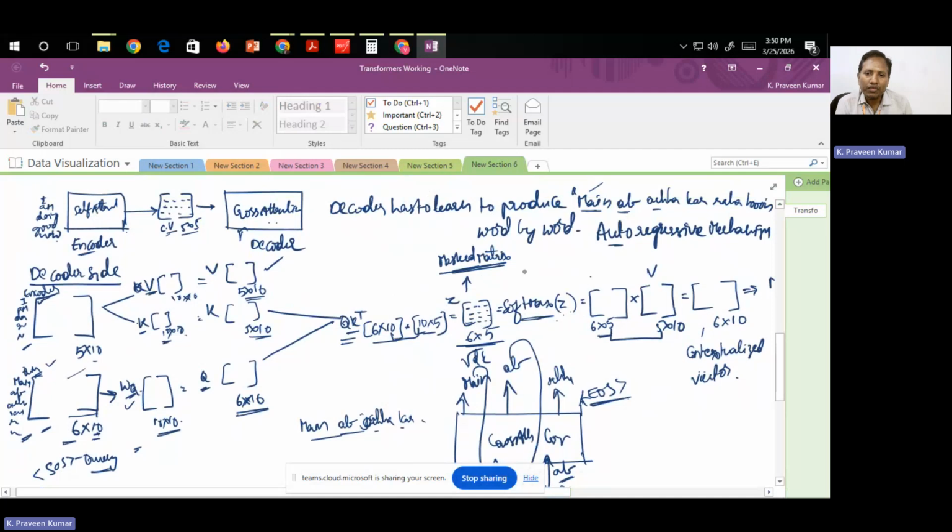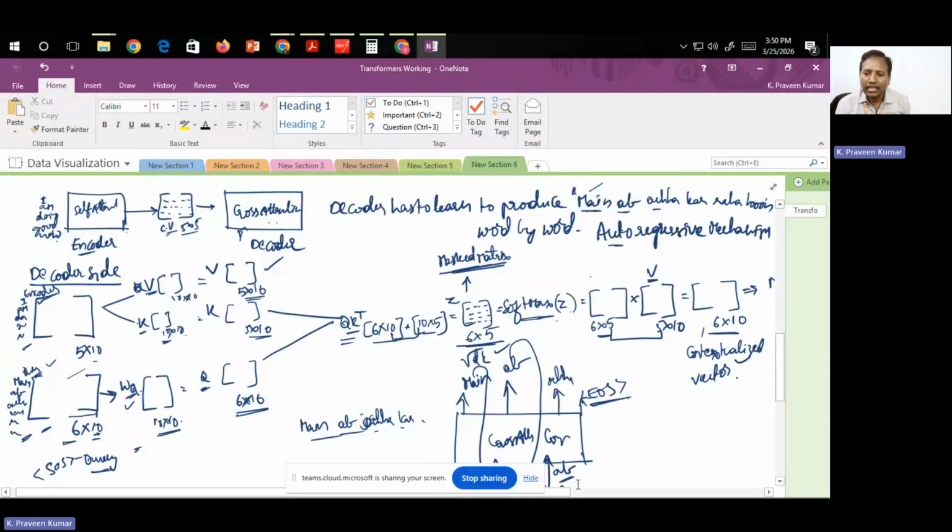Of course, here we have done the scale down also. Then we take this V vector. This is my output from the QK transpose, scale down and softmax. So I'm multiplying this by V and I got this 6 cross 10. This is the contextualized vector we got from the decoder.